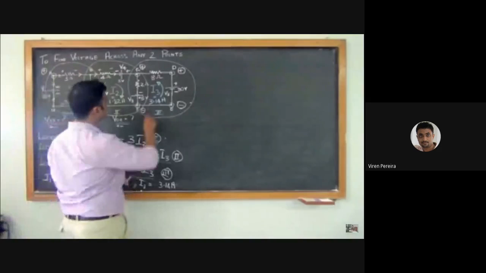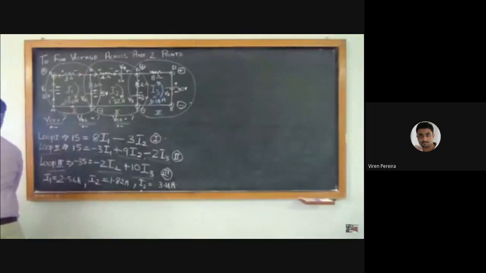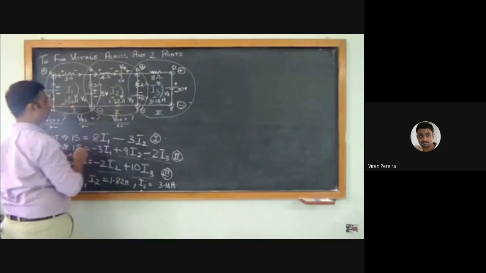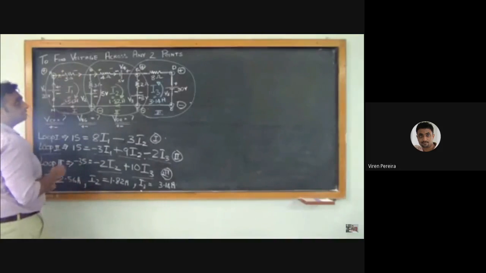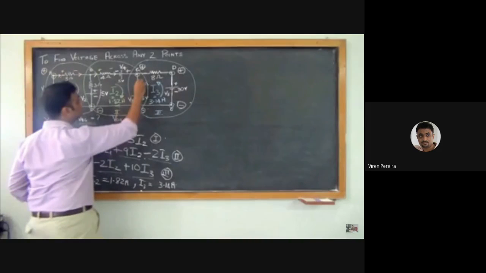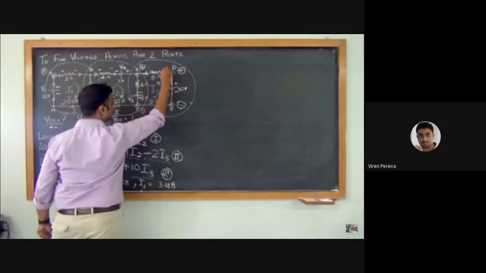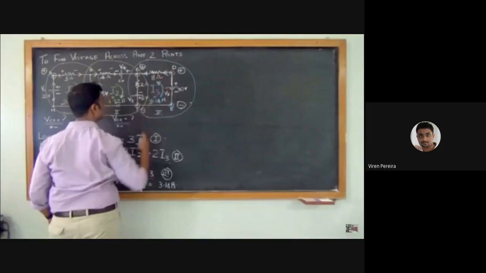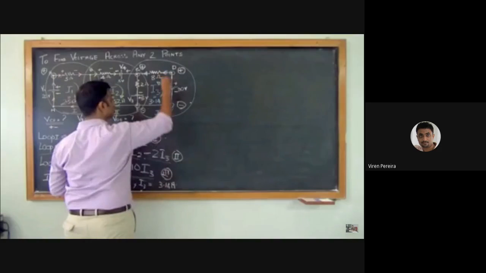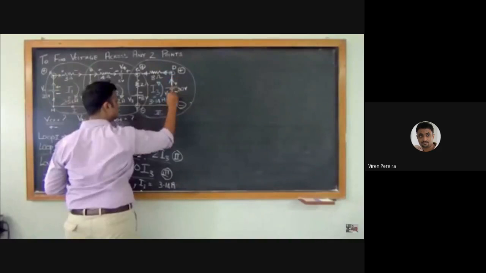In the same way, for loop 3, here the direction is anti-clockwise. So I will get an anti-clockwise direction in this loop.